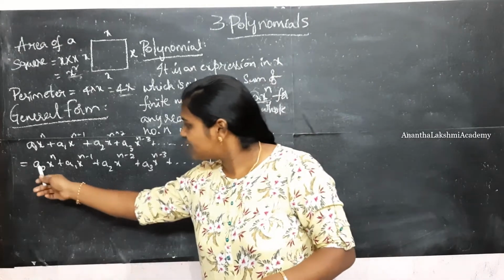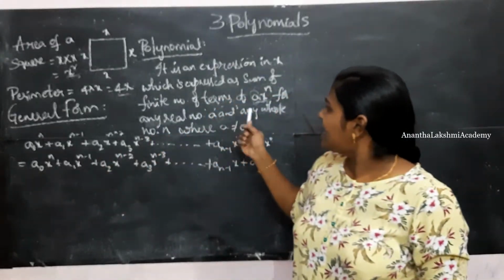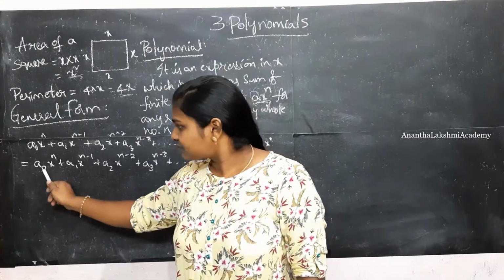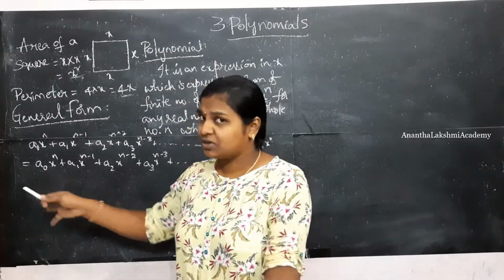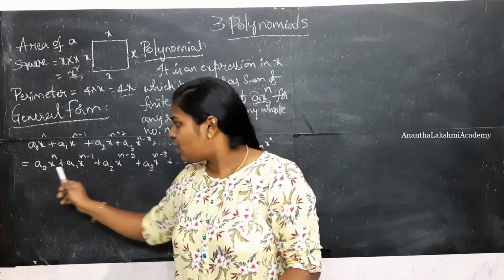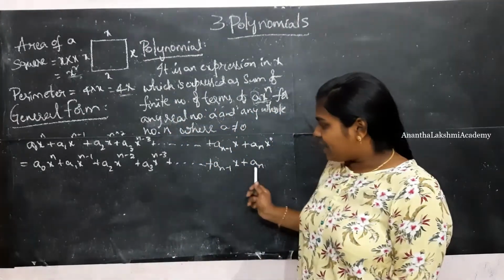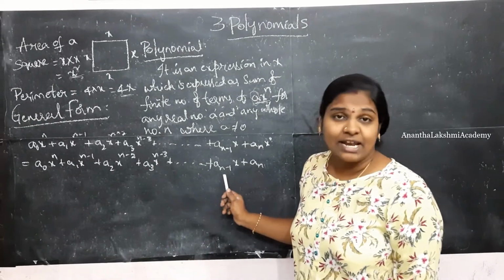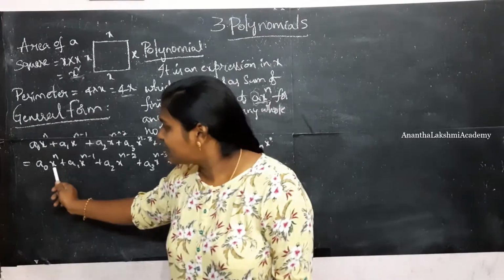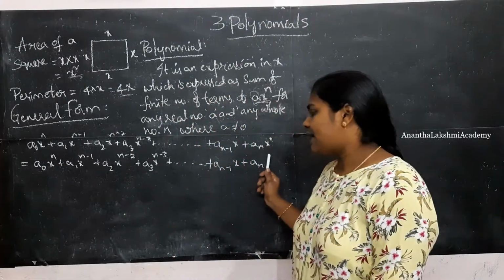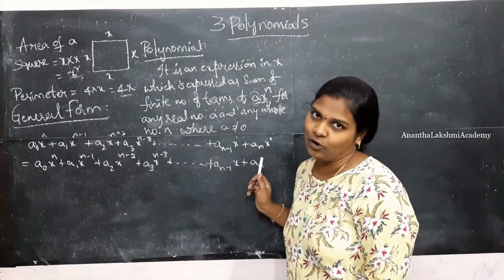This is an expression in terms of what we said, a into x power n, right? Here, for the a values, I gave a naught, a1, a2, a3 and so on, in order to distinguish the multiples. It goes till an, the last but one term being an minus 1. And for the x powers, it begins with n and decreases to a value of 0 as we go on.